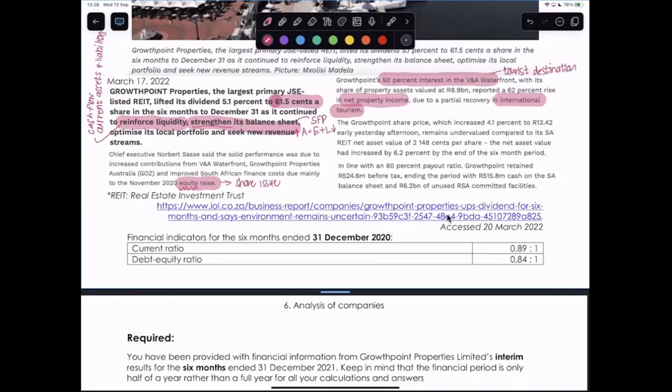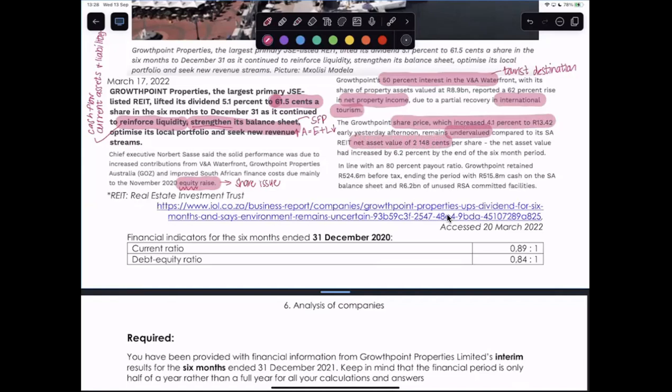The Growth Point share price, which increased 4.1% to 13.42 early yesterday afternoon, remains undervalued compared to its South African net asset value of 2148 cents per share. The net asset value had increased by 6.2% by the end of the 6-month period.